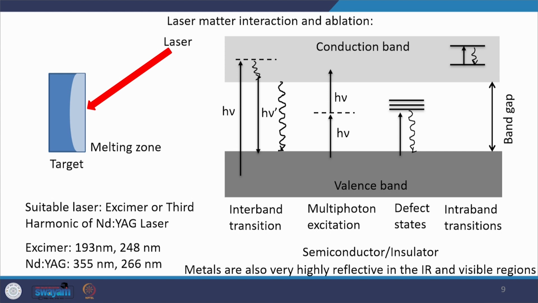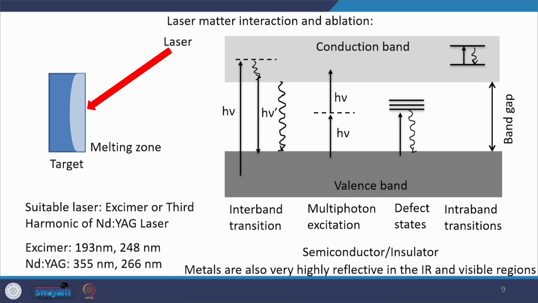Generally, wide band gap semiconductors like zinc oxide and gallium nitride have a band gap energy of 3.4 electron volts, and the laser energy in electron volts should be larger than the band gap energy of that semiconductor, so that the electrons have sufficient energy to jump from the valence band to the conduction band.